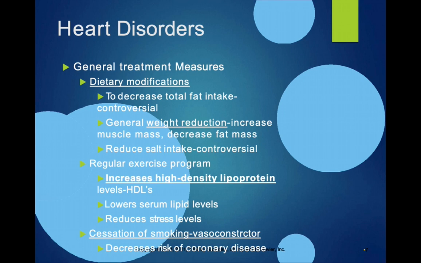General weight reduction, and I want to stress, it's not weight. It's not stepping on a scale and seeing 200 pounds or 250 pounds or even 300 pounds. We're looking at the weight in terms of body composition. Get one of the more advanced scales.